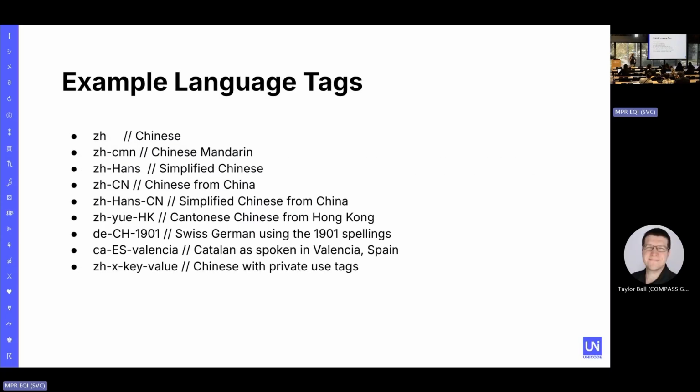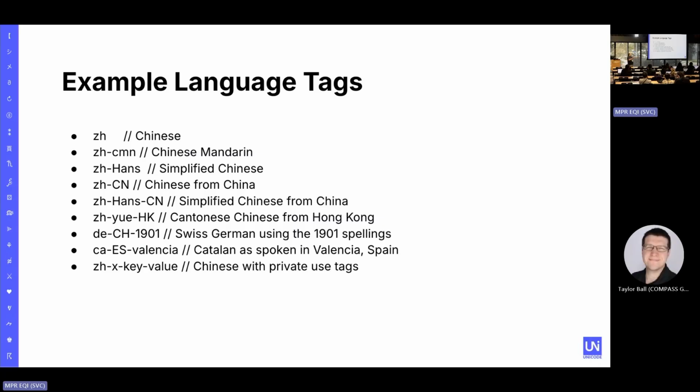So here are some examples of language tags. You can have just a general language all by itself, like ZH, which gives you Chinese. You can have an extended language tag like ZH-CMN, which refers to Mandarin Chinese. You can have a script tag that will tell you Chinese in the simplified script.